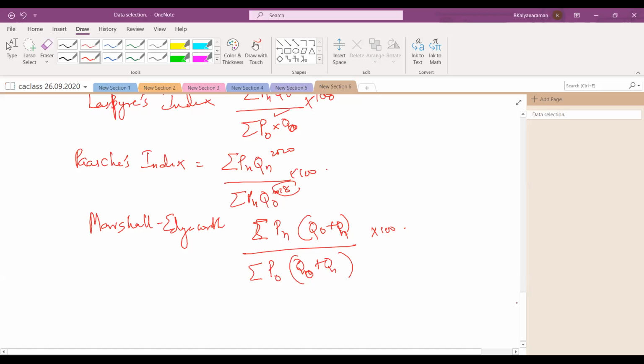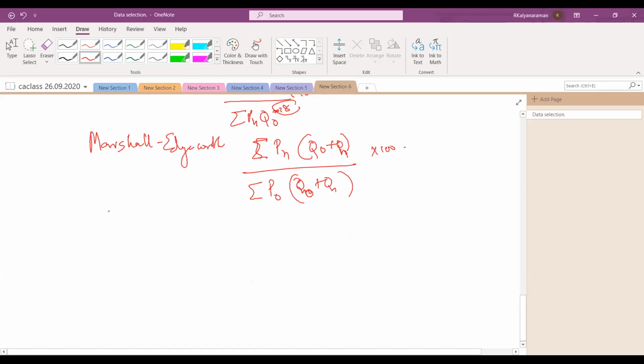Depending on the accuracy, Fisher introduced a new index number, and this is very popular, Fisher's index. He took the geometric mean of Laspeyres and Paasche.